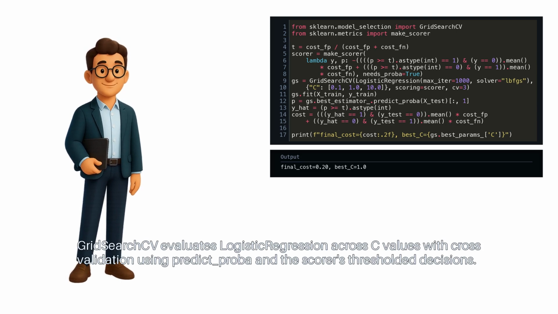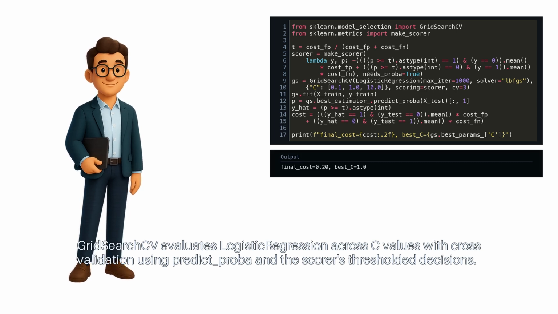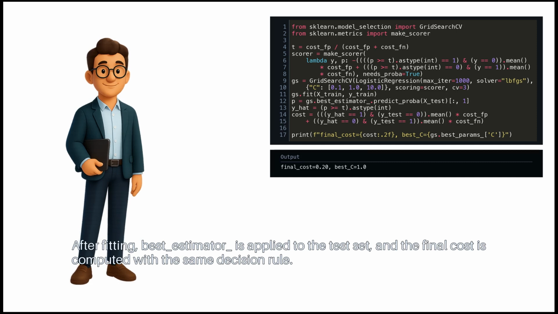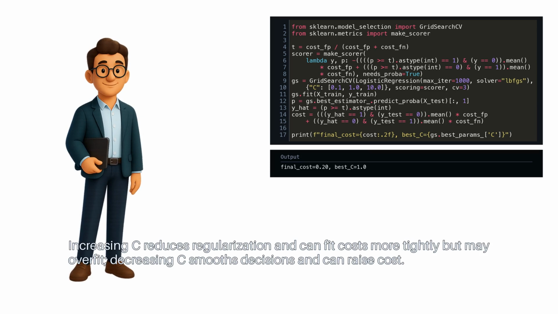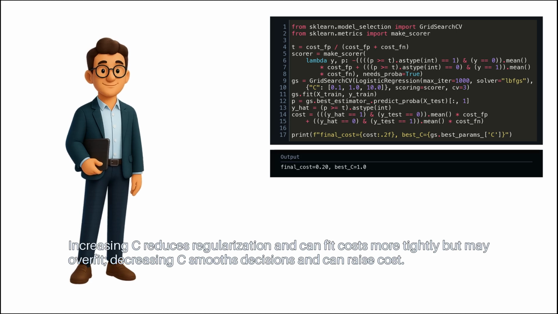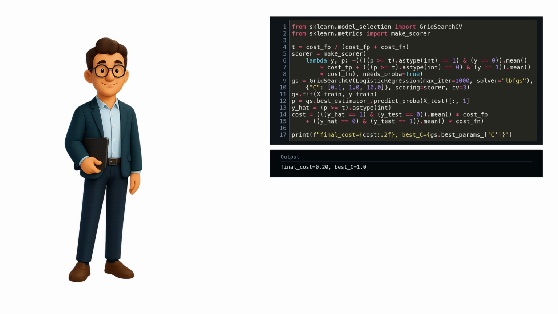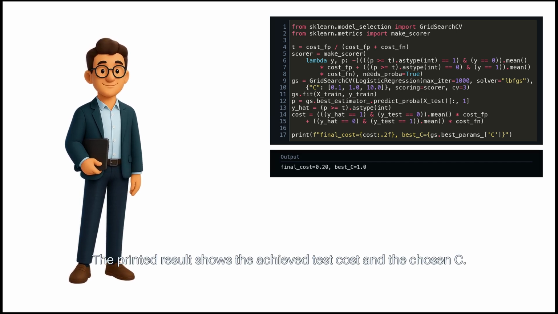GridSearchCV evaluates logistic regression across C values with cross-validation using predict_proba and the scorer's thresholded decisions. After fitting, best_estimator_ is applied to the test set, and the final cost is computed with the same decision rule. Increasing C reduces regularization and can fit costs more tightly, but may overfit. Decreasing C smooths decisions and can raise cost. The printed result shows the achieved test cost and the chosen C.